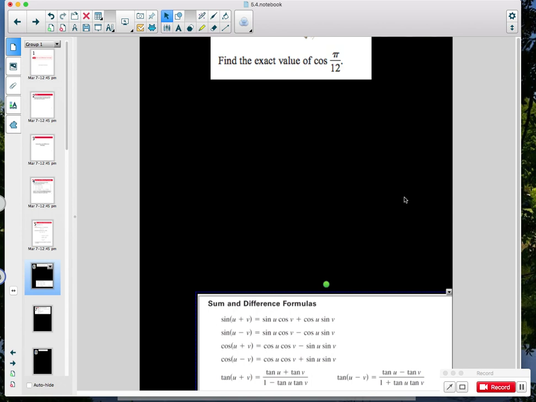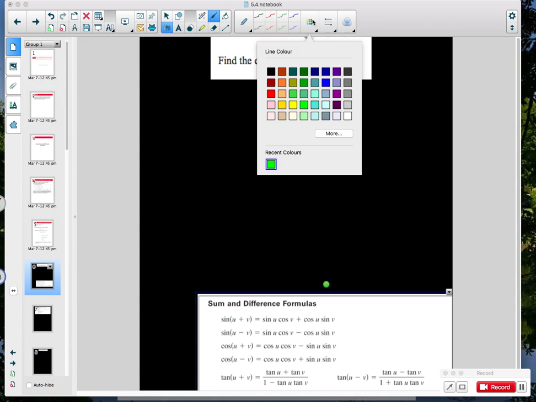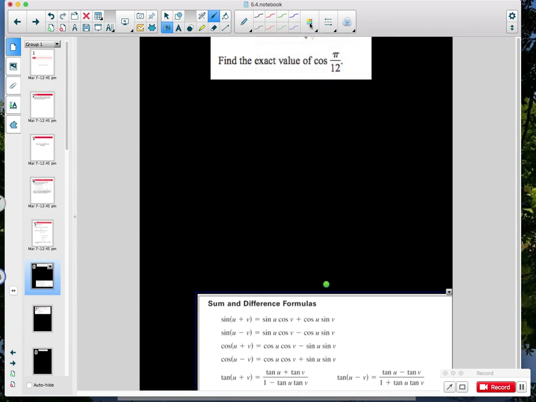All right, so from what we discussed, you're going to have to be kind of intelligent in terms of how to deal with pi over 12. So I have cosine of pi over 12. How am I going to express pi over 12?